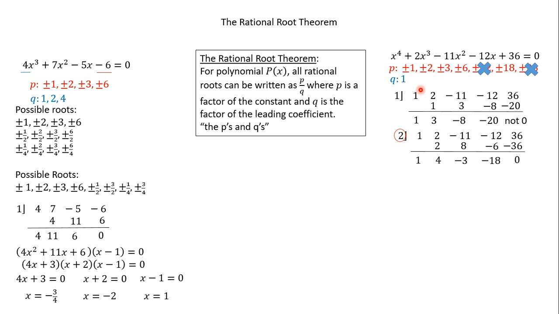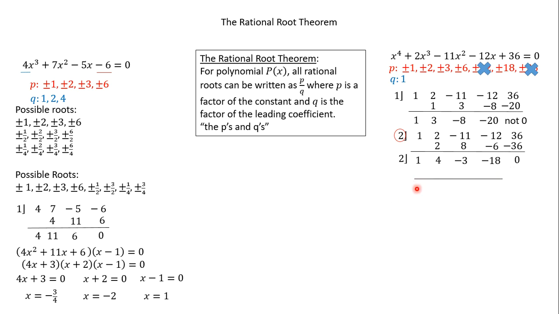You can try a different number. When you find one, I'd recommend trying the same number a second time, just in case it happens to be a double root. I mean, you'd feel pretty silly if it was like x plus 2 times x plus 2 times x plus 2 times x plus 2, and you found 2 once, and then you moved on, you tried all the rest of them. Just try 2 again. So we're using 2, and notice I'm using these numbers.